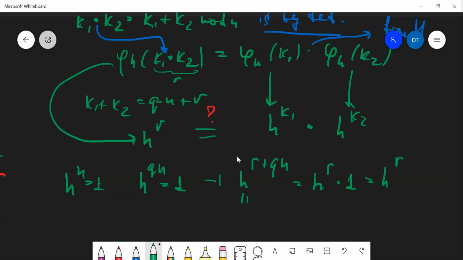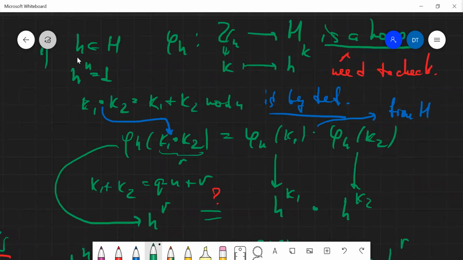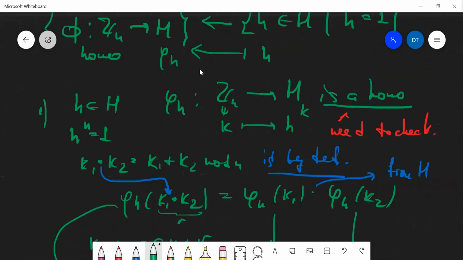But this is the same thing as h to the k1 plus k2. Now it's clear. Because of this restriction, this map is a homomorphism. If we don't pose this restriction, this map need not be a homomorphism.